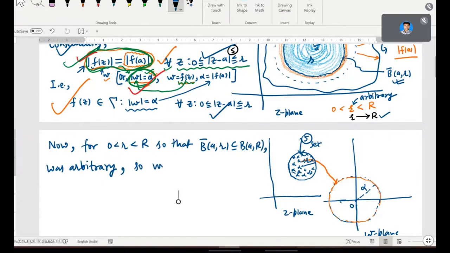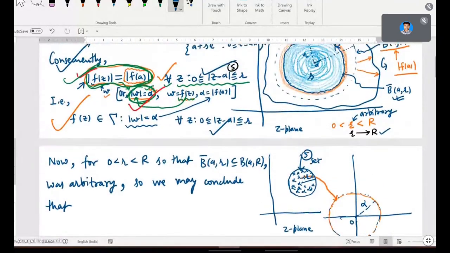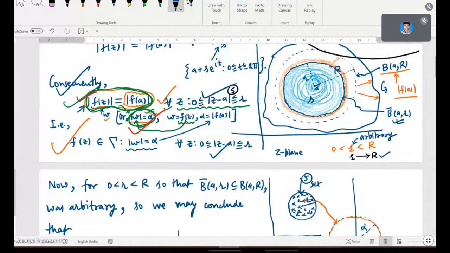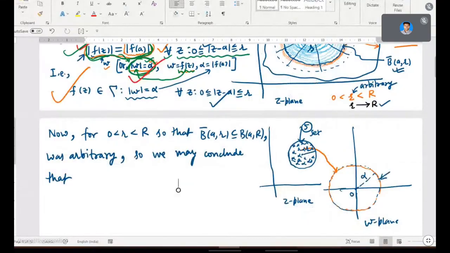So we may conclude that, if we adopt this kind of limiting process, we are going to declare that this whole ball of radius capital R, if we extend small r to capital R, this whole ball will be going to this, because class, if you notice, in this image there is no involvement of small r or capital R, yes or no, class?